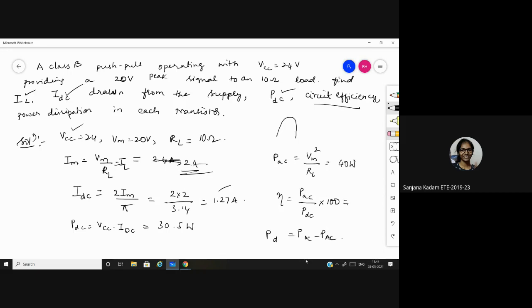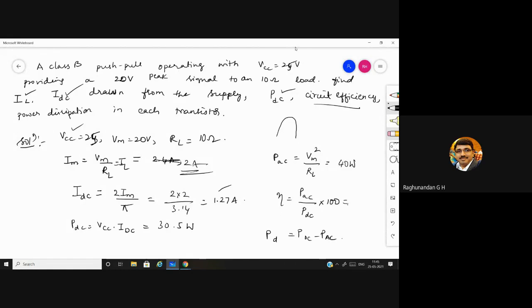Okay, then do one thing. Make VCC as 25. Check how much you'll get when you make it 25. When you make VCC as 25, how much do you get for PDC? So 31.75, sir. It is still lesser than 40. Not much difference.